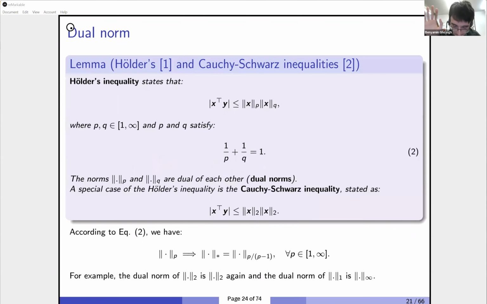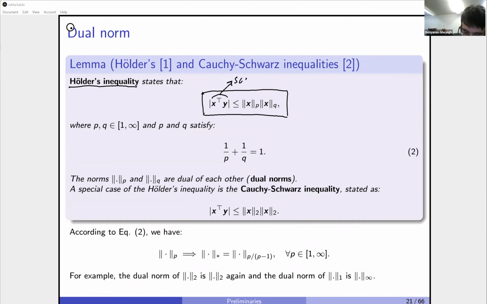Again, I will show you some examples of dual norm, but please be patient a bit for that. So we have Holder's inequality. And what is it? It means this. This is Holder's inequality. It means that the absolute value of x transpose y, do you remember? This is definitely a scalar.